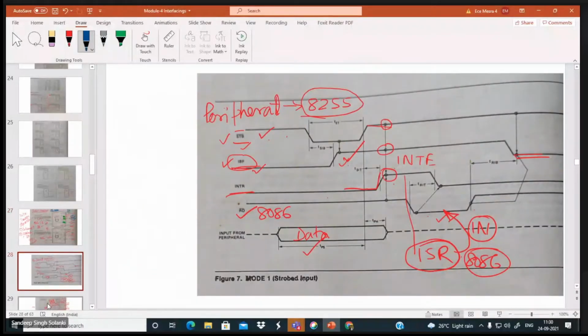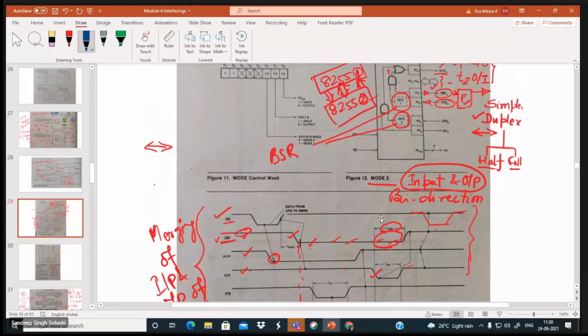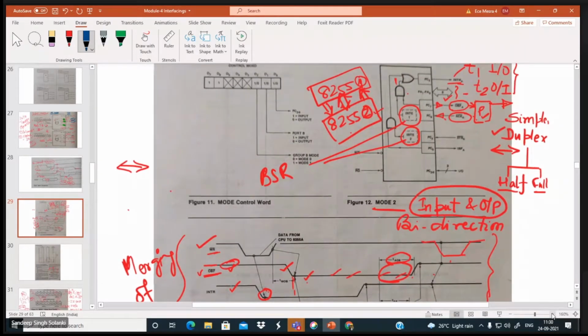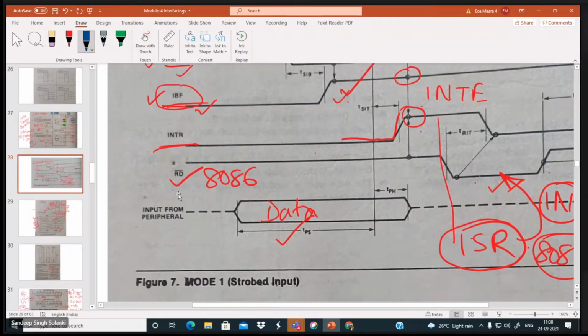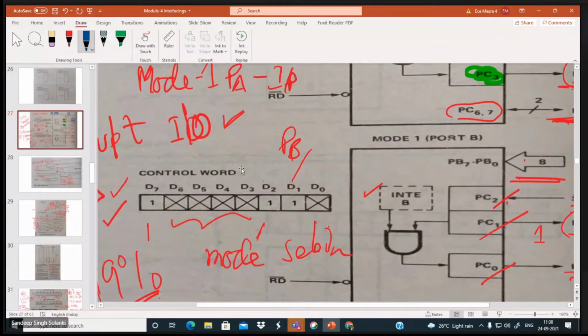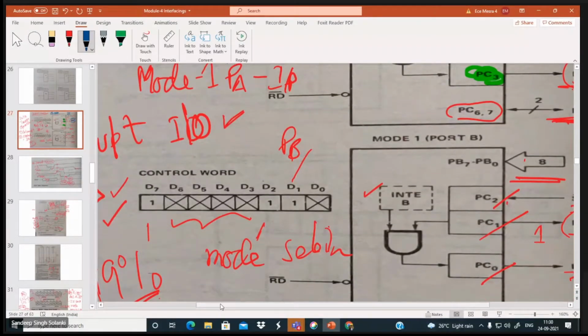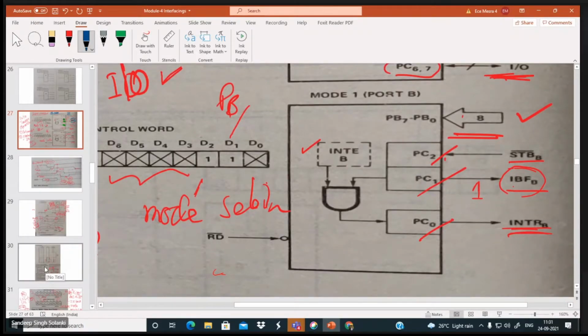What is next? The output. Can you see the figure? Is it visible? Yes, sir. One minute.